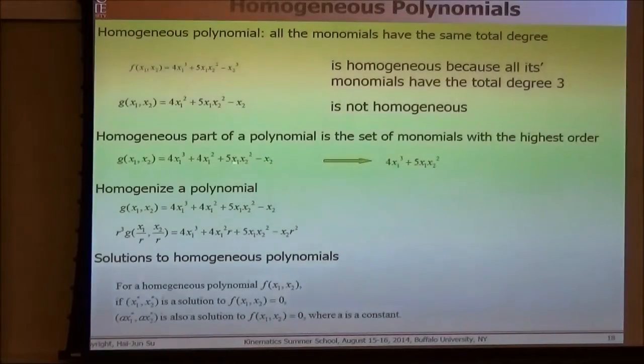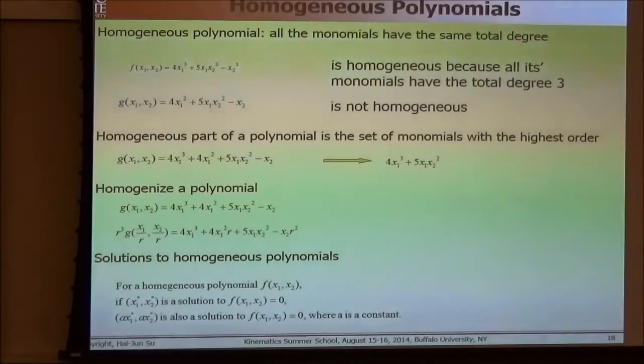The homogeneous part of a polynomial is the set of monomials of the highest degree in the system. A non-homogeneous polynomial can be homogenized by introducing a homogeneous parameter variable. For instance, you can convert x1 by x1 divided by r, and x2 by x2 divided by r, and then convert this into a homogeneous polynomial. Now you have three variables, x1, x2, and r.